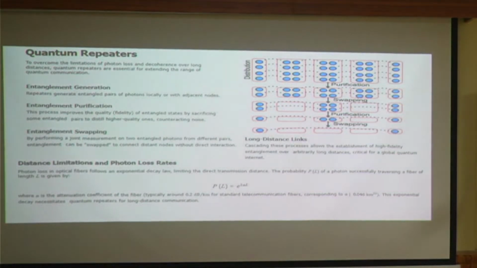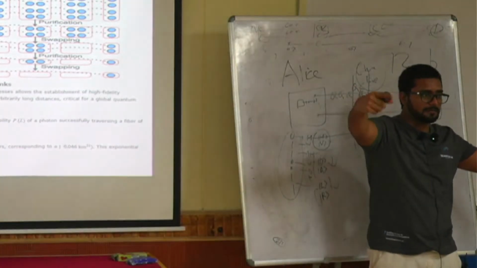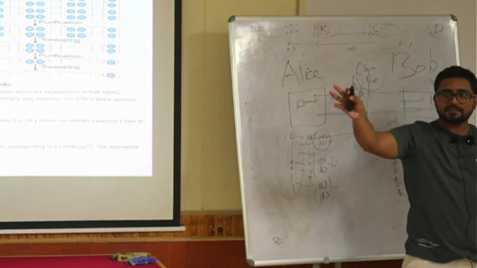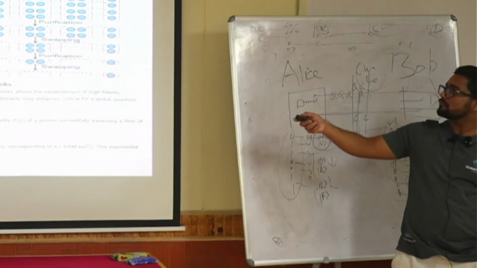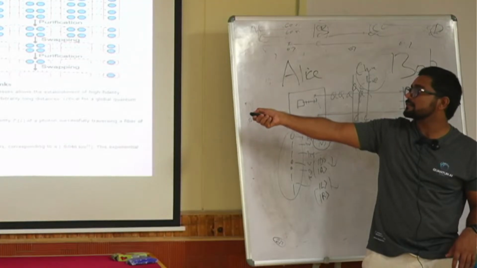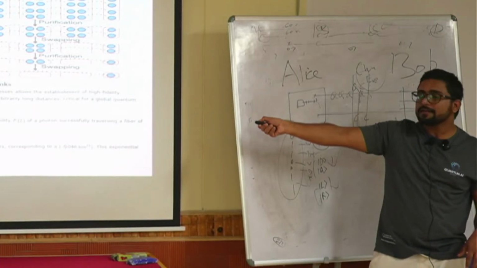You have to start with 10 entanglement pairs and you sacrifice entanglement pairs in between, and now you are connected with a very good fidelity. Now you can do distributed quantum computing between this and this. You can do a teleportation between A and D.